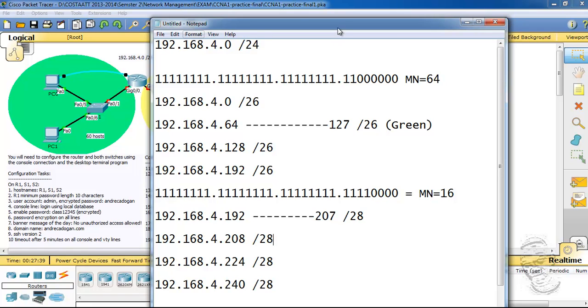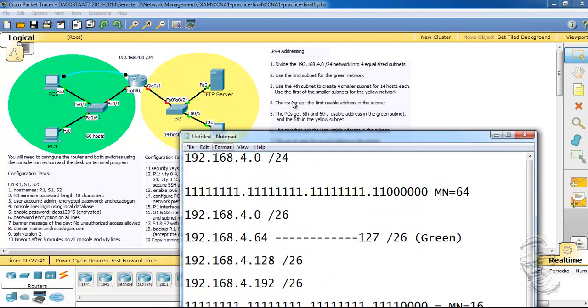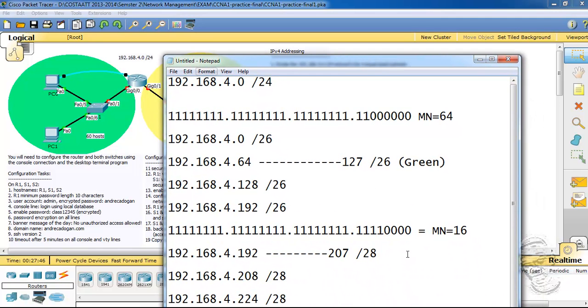Now pay attention, they say to use the first of the smaller subnets to be the yellow network, so this would be considered our yellow network.